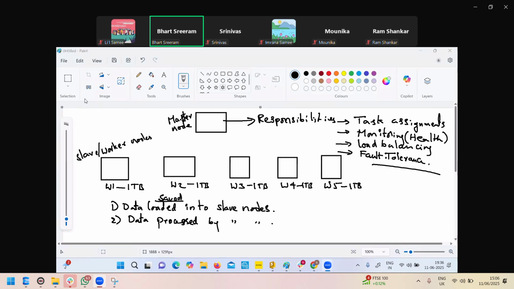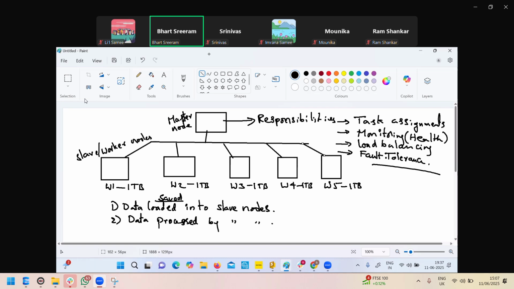This master is connected with all the slave machines. Like this, a simple shape I am providing. Let's say this is the master connected with all the slave machines. Now here the total storage capacity is 5 TB. Suppose after 1 year this 5 TB space got filled.